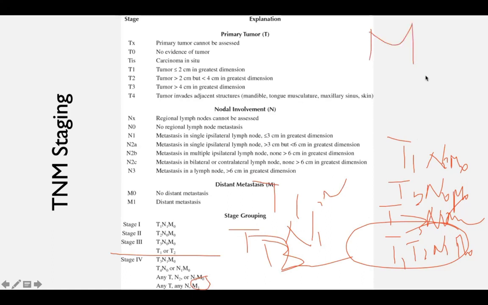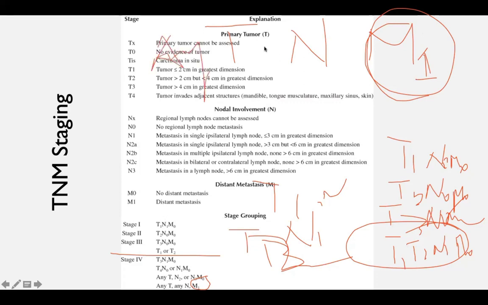When M is 1, when there is metastasis, it does not matter what T is, what N is, because it must be the last stage. So when there is metastasis, M1 is there, not M0. We don't care if it can be any T, T1, T2, T3, T4, or any N, N1, N2A, 2B, 2C, or 3.